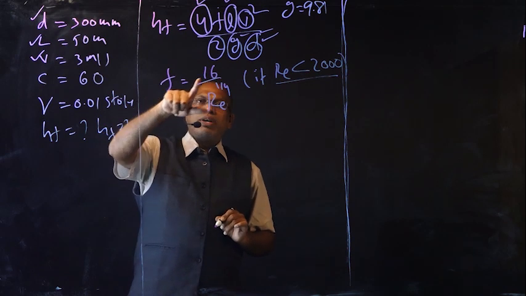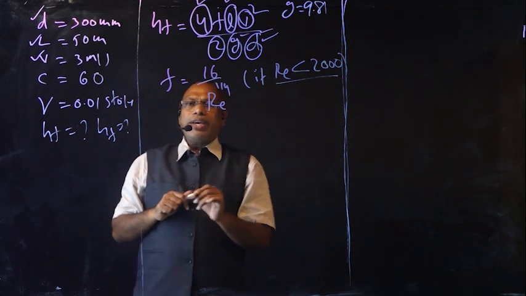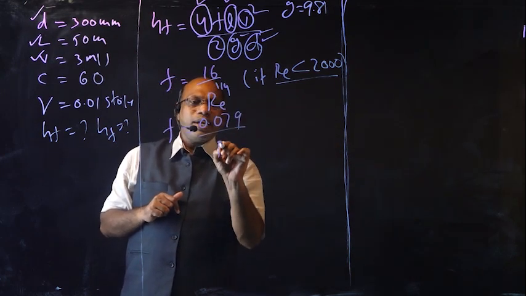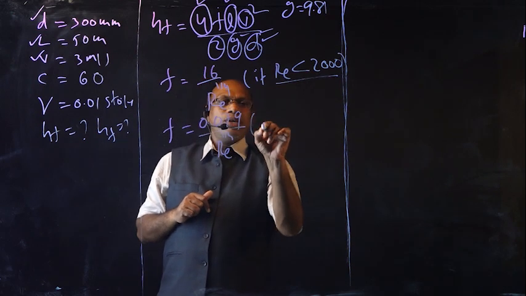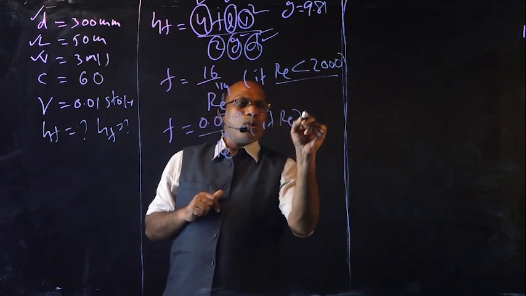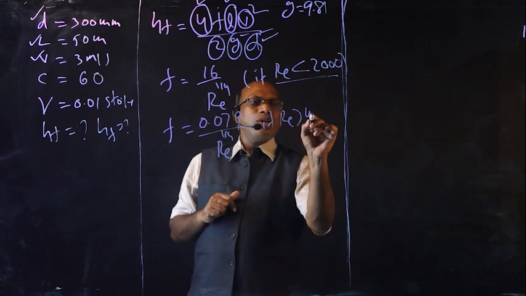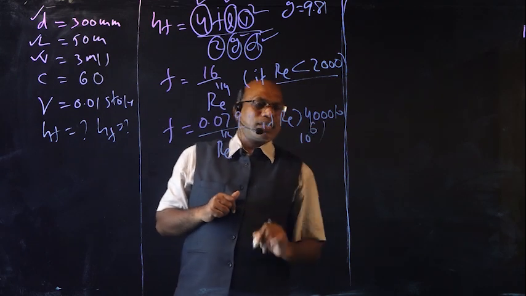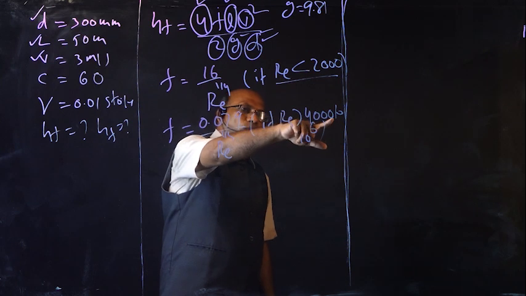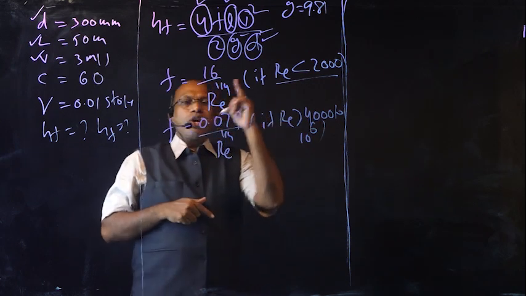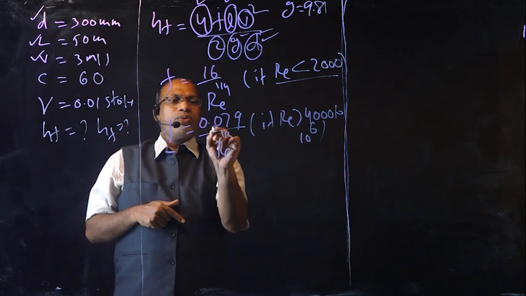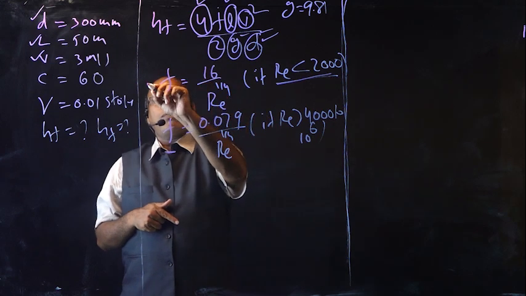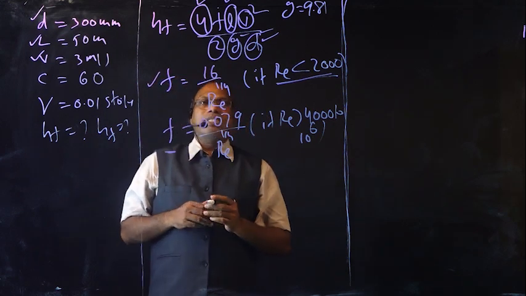And another case, f is equal to 0.079 divided by Reynolds number power 1 by 4, if Reynolds number is in between 4000 to 10 power 6. If the Reynolds number is less than 2000, we determine the friction factor by using 16 divided by R.